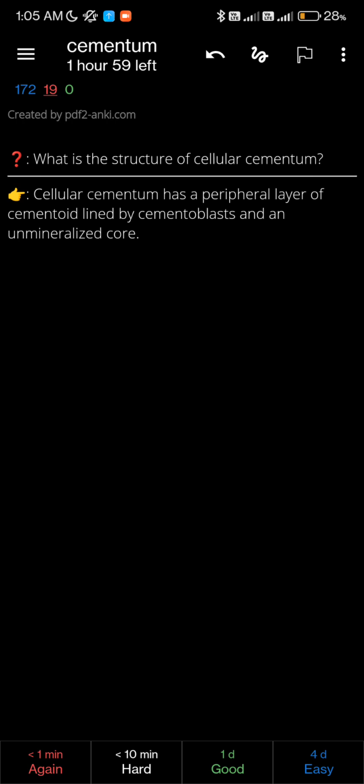That is the structure of cellular cementum. It consists of an unmineralized core and a peripheral layer of cementoid lined by cementoblasts.